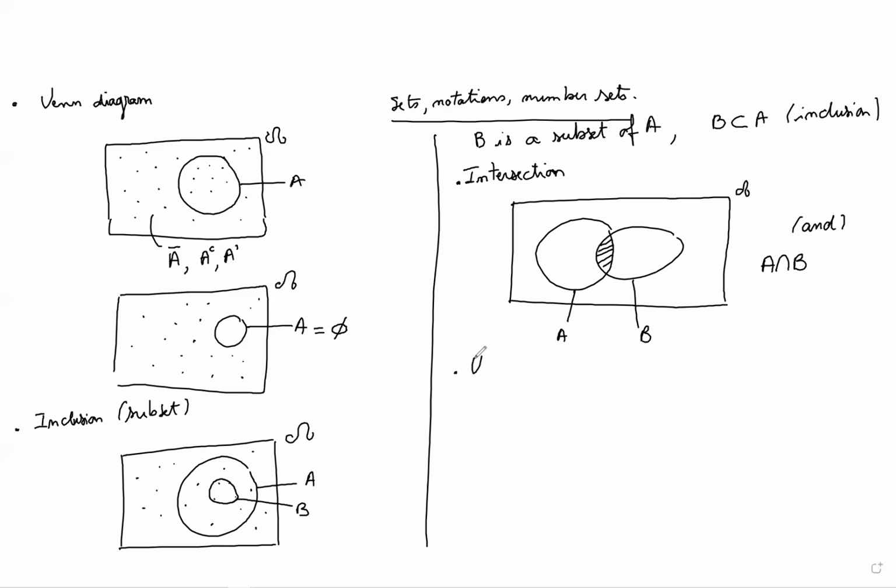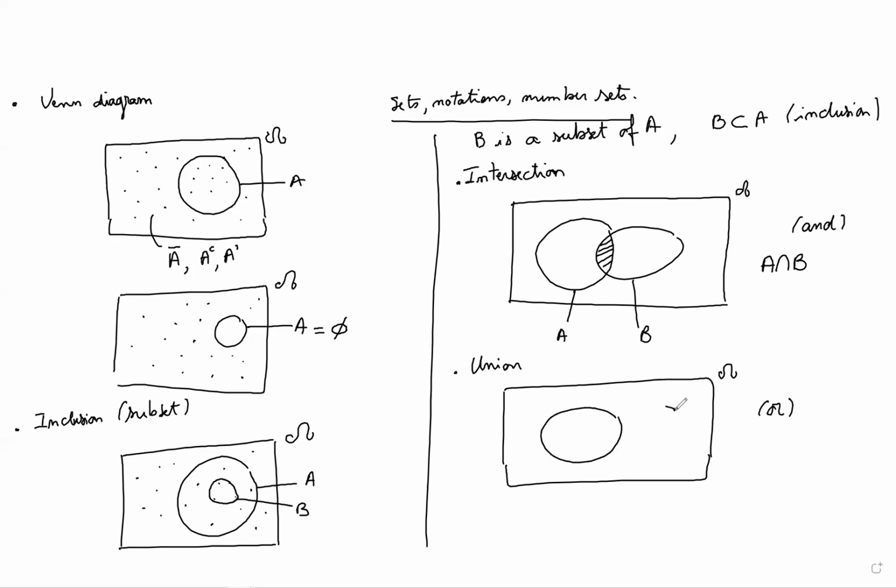The union of two sets represents the word or, except in math, or means or/and. So the union of A and B are the elements that are in A, or in B, or in both.